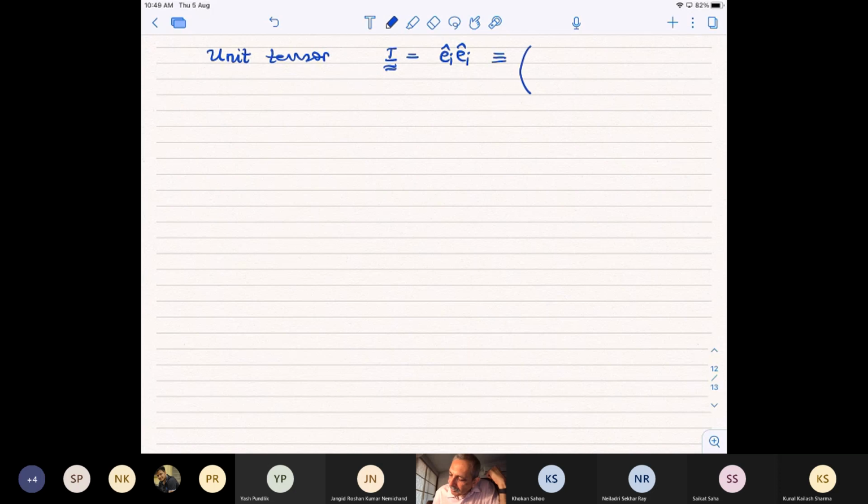If you have to write it in matrix form, it's just 1 0 0 0 1 0 (and so on). This is known as a unit tensor.